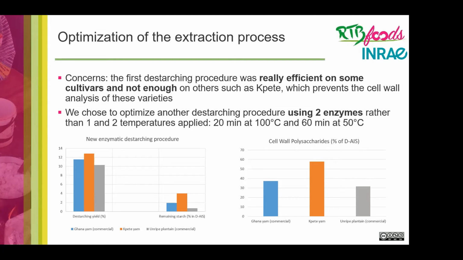So we are missing something here. We thought it could be the proteins, because enzymes are proteins and they could stay in our powder. So we tried to analyze how much protein we had left, and we only found 3%. So it may be that we are heating so much that it's damaging the pectin and the soluble polysaccharides.